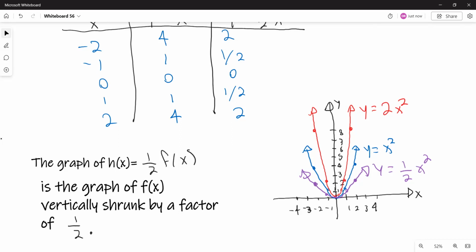Okay, so in general, I'm going to copy the situation with stretches and shrinkings. That's actually the first transformation that the book does. I did it last.